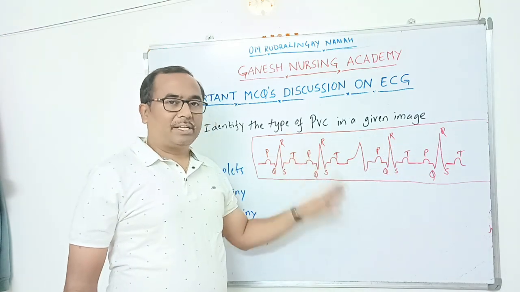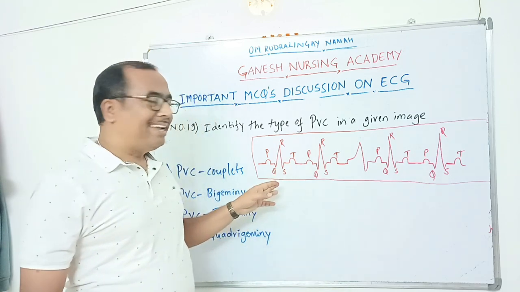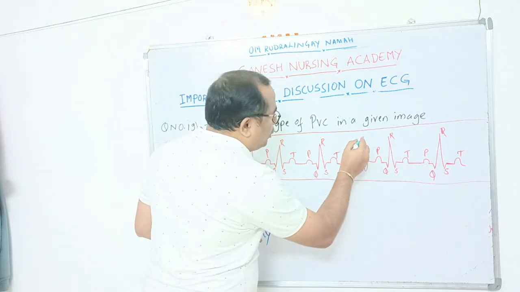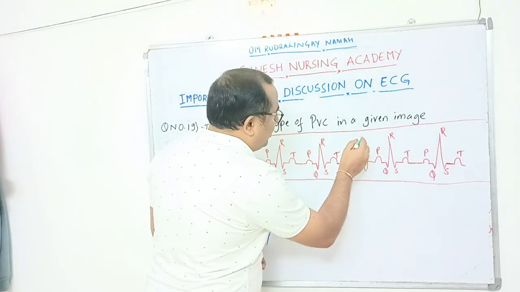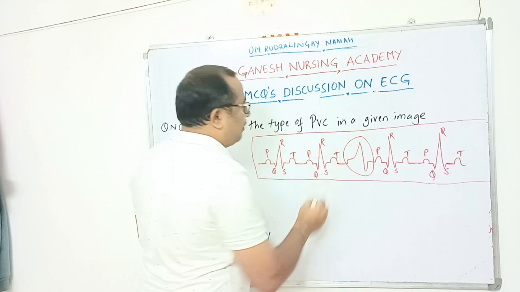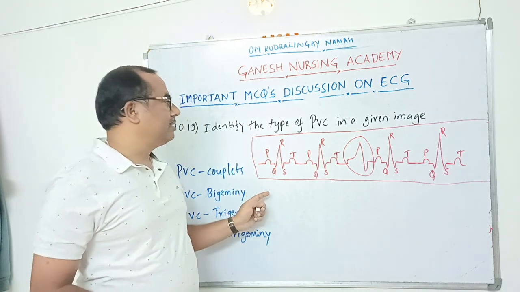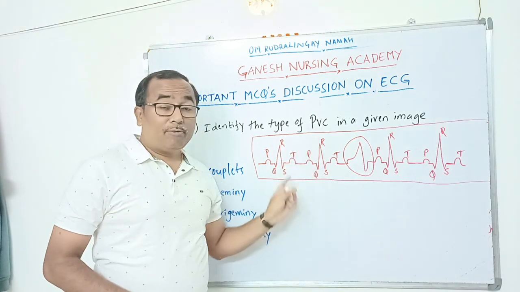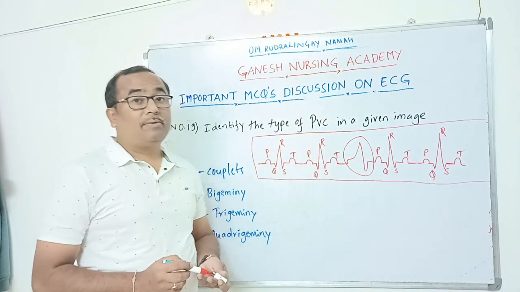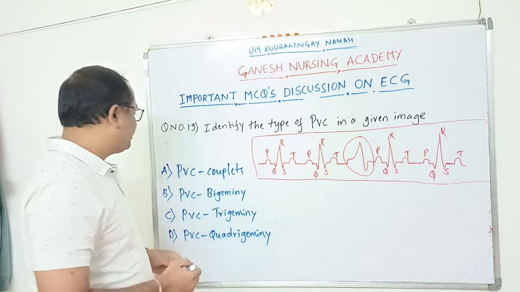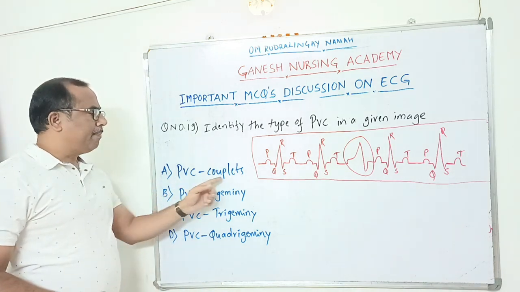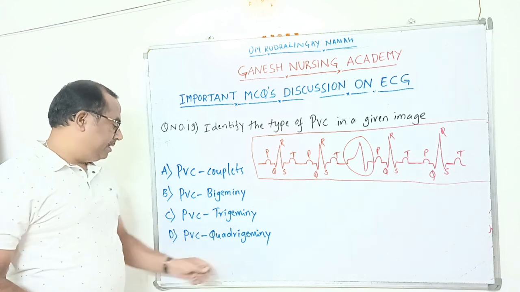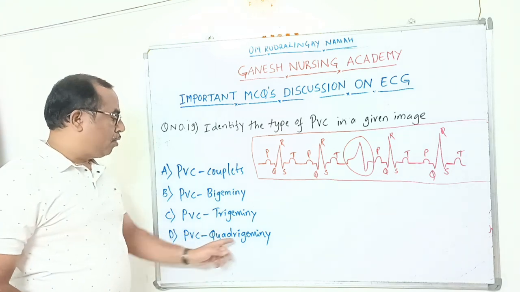As we discussed in the last questions, when ectopics are present among the normal waves, it is known as a premature ventricular contraction, PVC. Options are: A, PVC couplets; B, PVC bigeminy; C, PVC trigeminy; and D, PVC quadrigeminy.